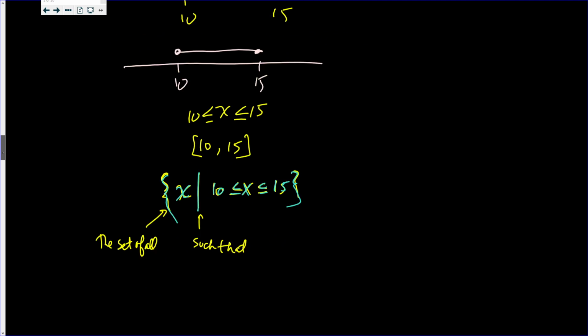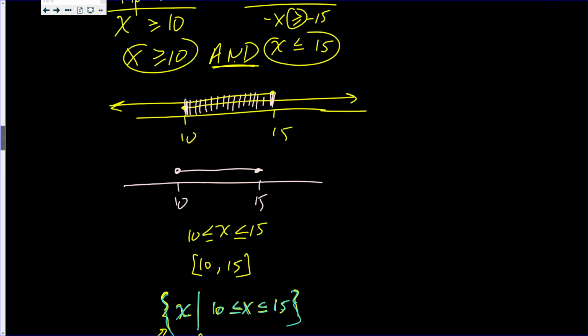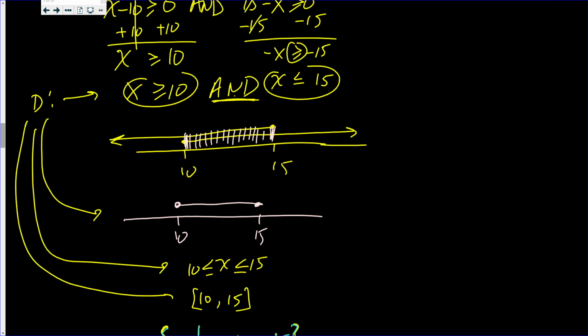Suppose you have this problem, h of x. I just want to say one thing. All of this is the domain. That's a way of writing the domain. That's another way of writing the domain.